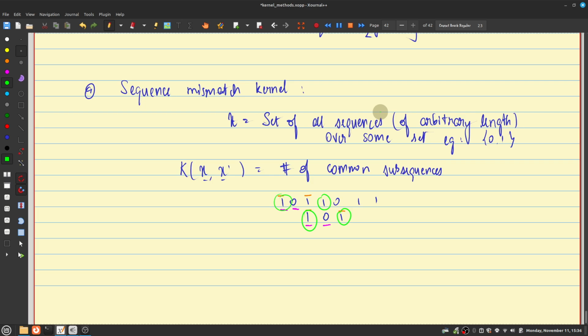If two sequences are identical, then you take any subsequence and it's a common subsequence. But on the other hand, if they're very different, let's say you take the following two sequences, there are no common subsequences at all.